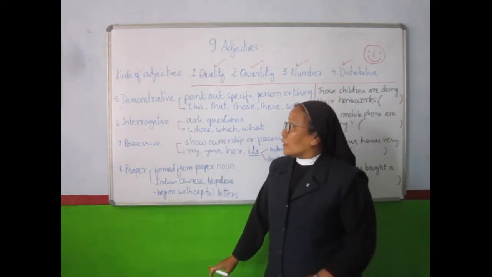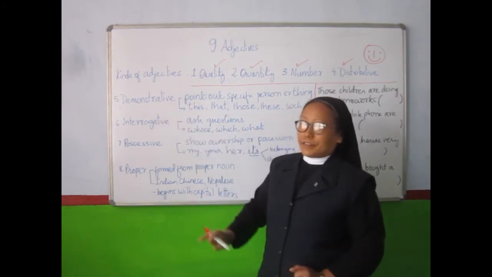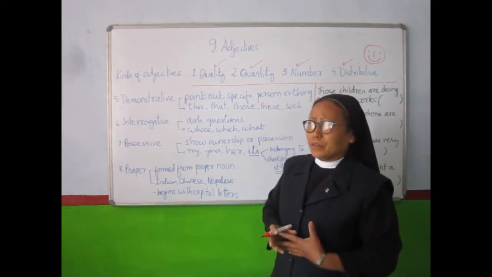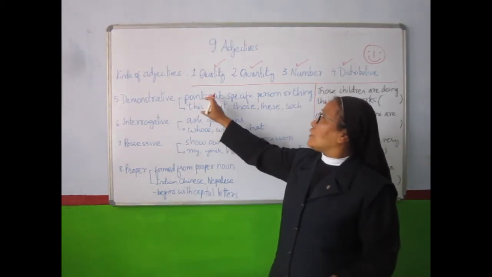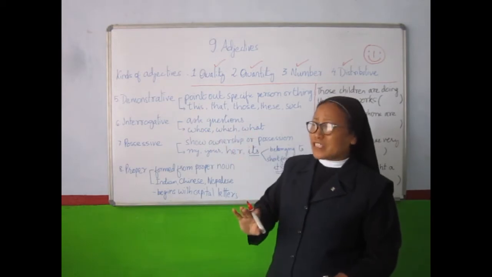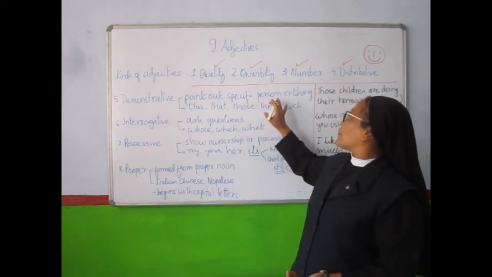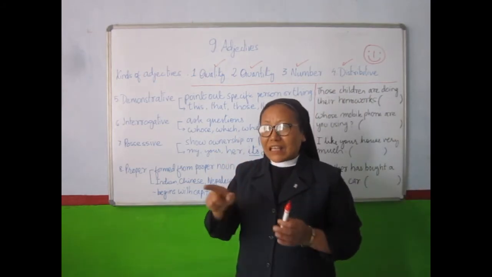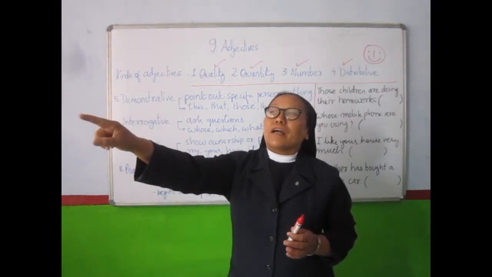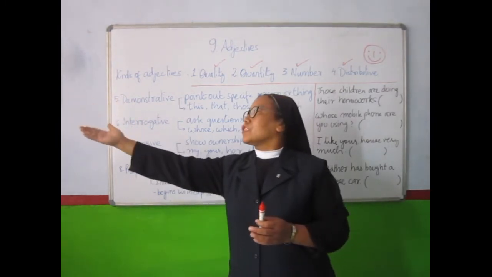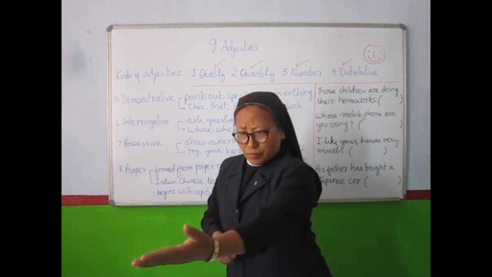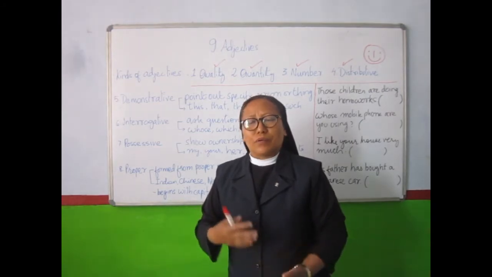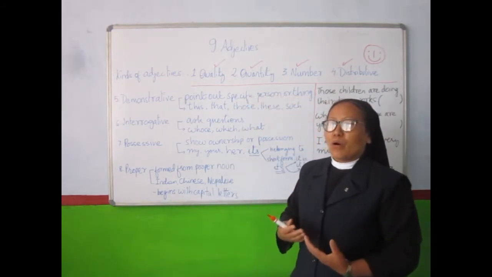Let's start with demonstrative adjectives. What do they do? Demonstrative adjectives point out a specific person or thing, like this pen, that chair, that boy, those chairs, that Casio. I am pointing out specific persons or things.